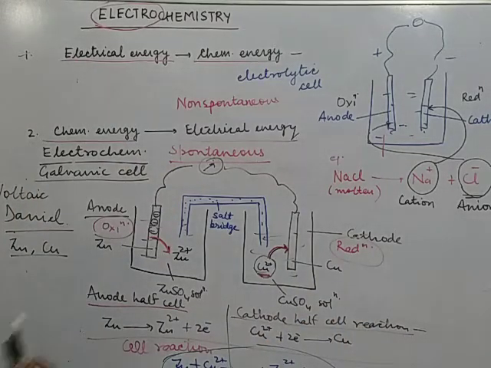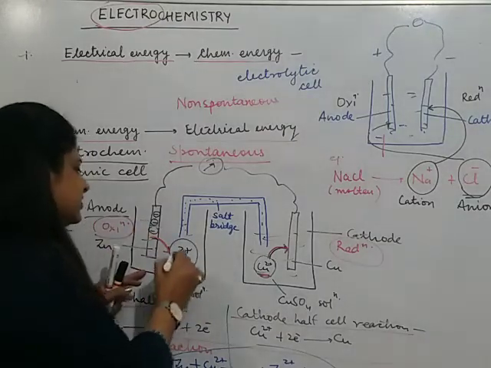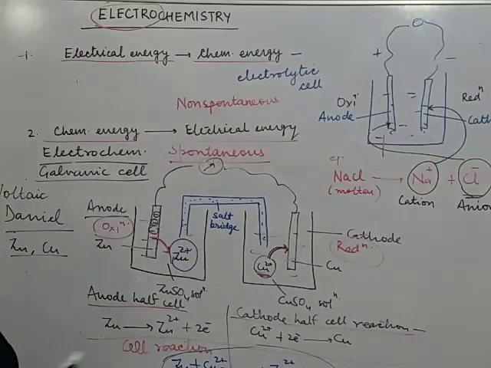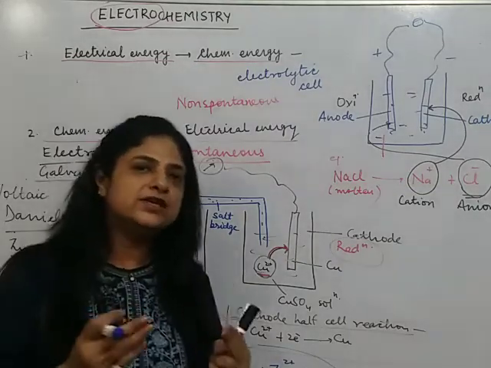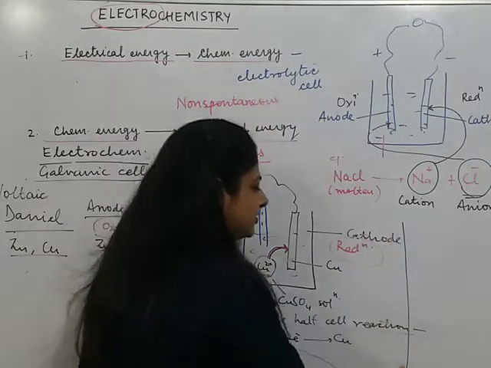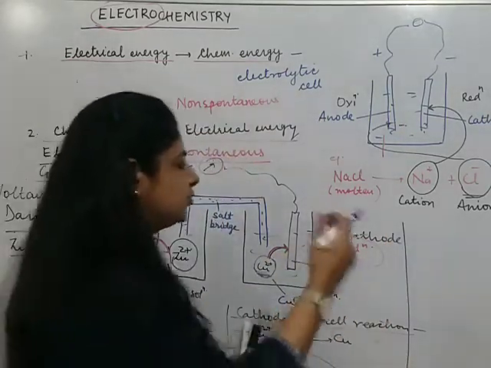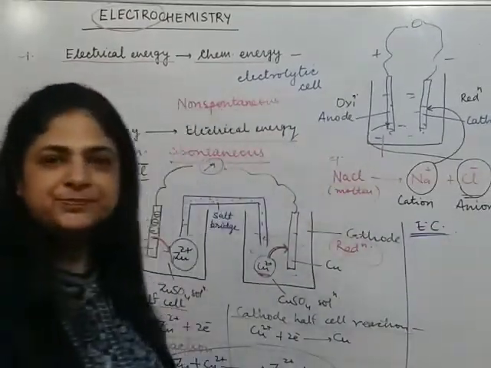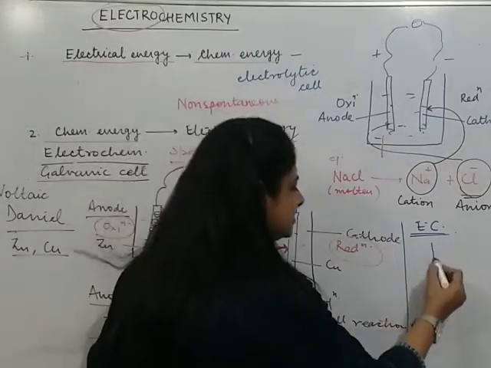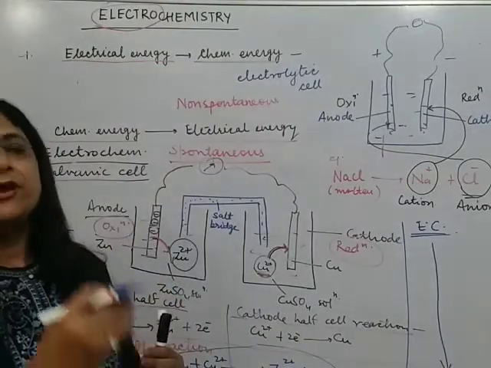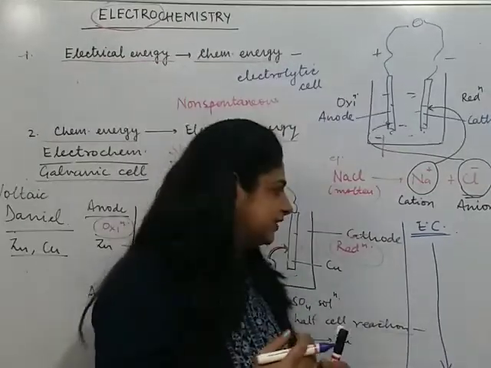Now the point is, why is zinc getting oxidized in this case and copper is getting reduced, when both are metallic and both show electropositive character? For electrochemical cells, you have to take two metallic rods which are different in electrochemical series, their positions are different. Do you remember the electrochemical series, how it is formed? It is a series in which the metals have been placed by decreasing activity, or you can say decreasing electropositive character.